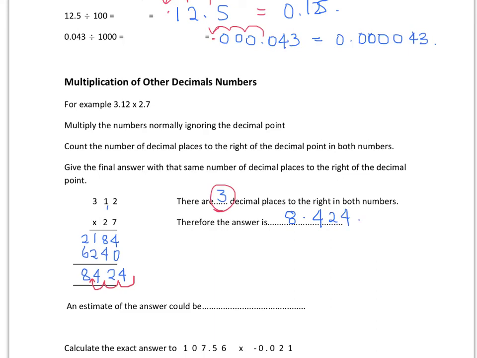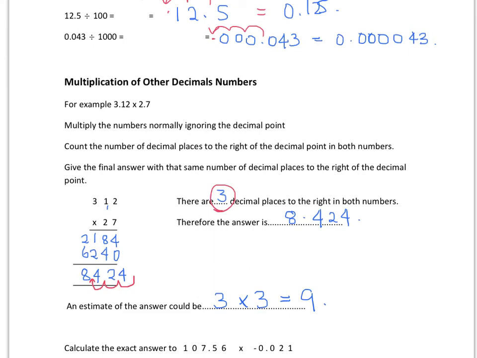Now if you have a think about it, the 2 numbers we multiplied were 3.12, which we can round off to 3, and 2.7, which we can round off to 3. 3 times 3 is 9, which fairly approximates the answer that we did get. The estimate was 3 times 3, and we can do that in our heads. 3 times 3 is 9.